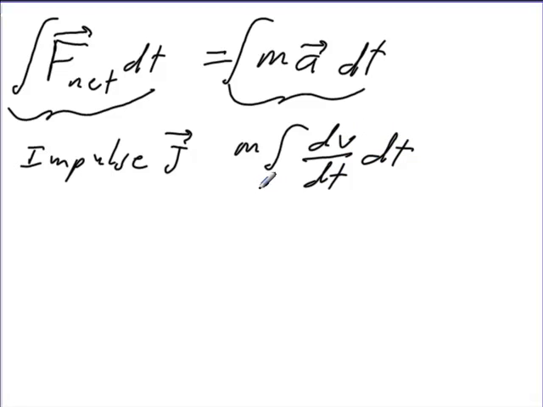So if we integrated it from one time to another, we got mass times v final, or v at time 2, minus mass times v at time 1.